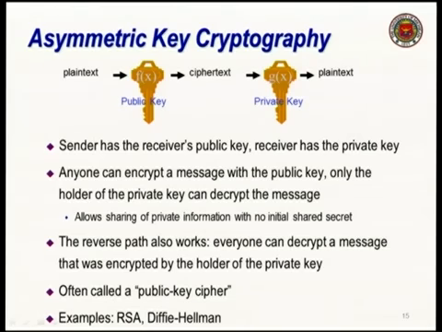Using this, I could, for example, send my bulk encryption shared key through that channel. So it's a very powerful thing. It's typically called a public key cipher, and examples are the RSA algorithm as well as Diffie-Hellman.